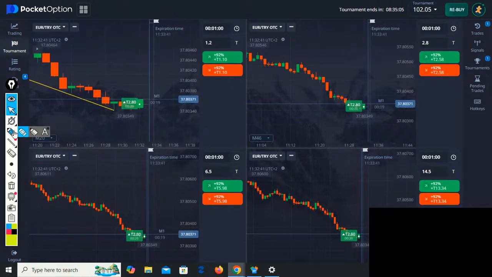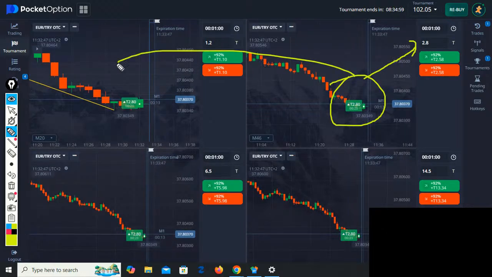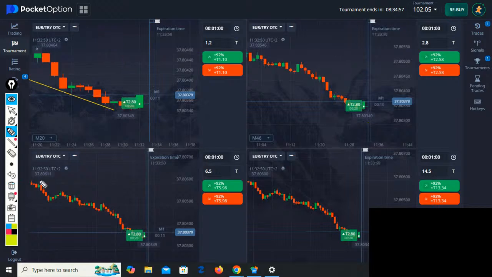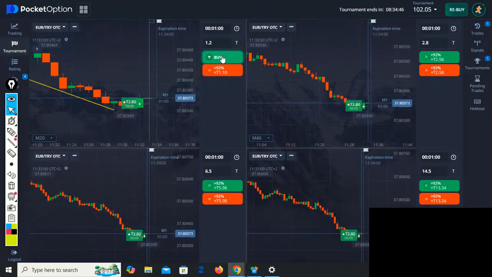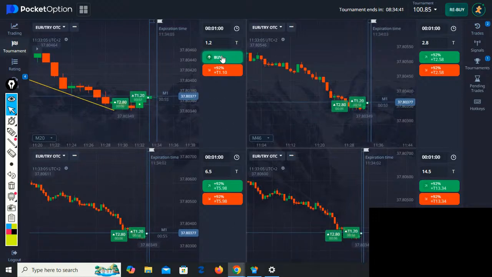If it wins over here, remember we took this one since we lost the first. If this wins, the cycle ends, we go back to step one. This is gonna be a winning trade. Nice. We take a buy. Oh, I took it a little bit early. No problem.